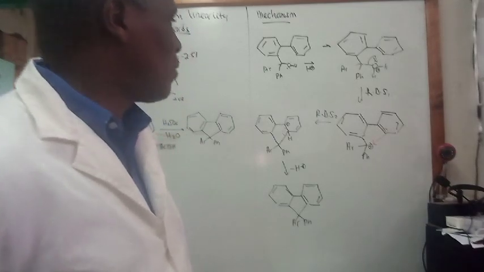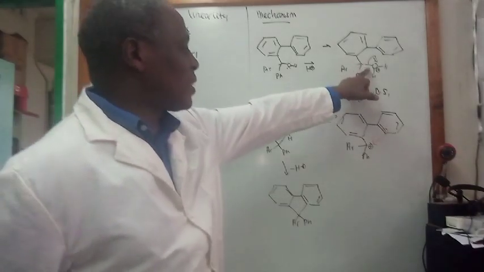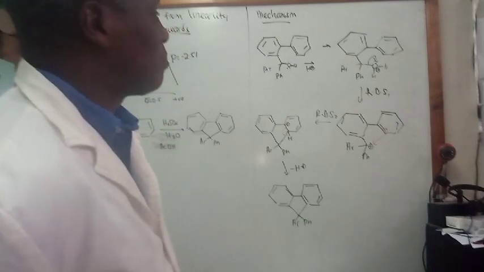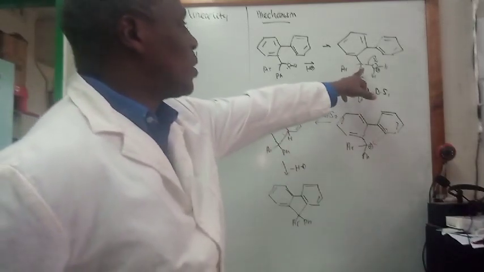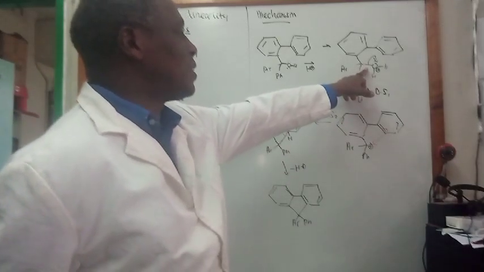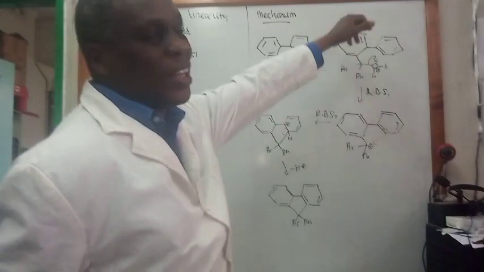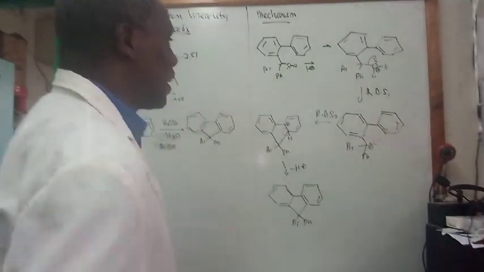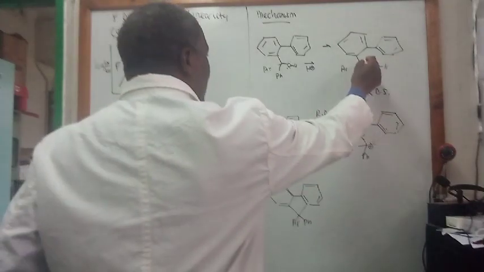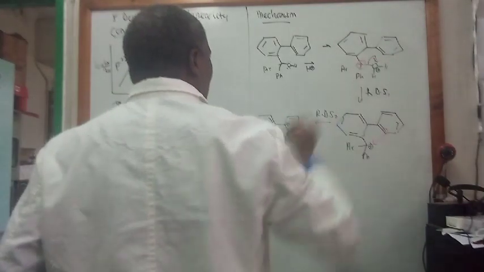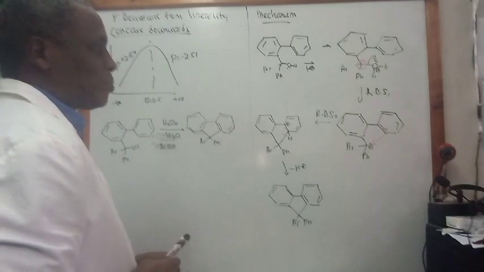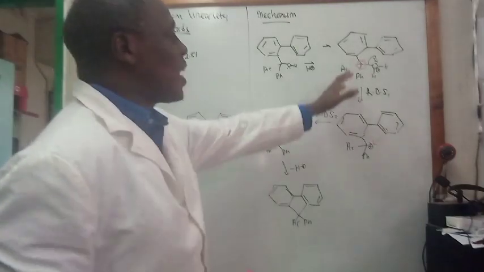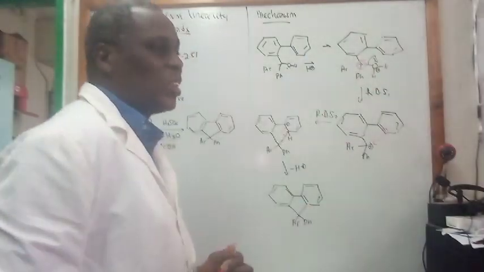And in this rate determining step, what is happening? The electrons are going out of the reaction center. This is our reaction center, the one which I'm circling.